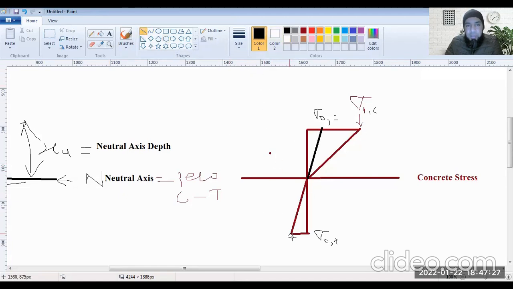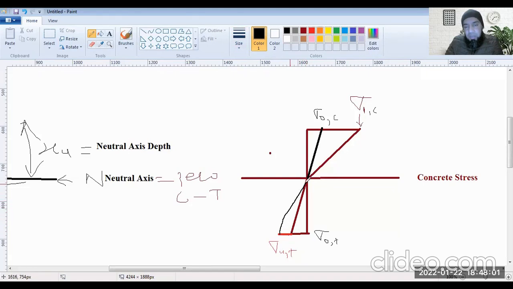Let there be another point where it is now failing, and let this be sigma u in t. Why did I designate it as u? It's the ultimate tensile failure point of concrete in tension. So at that time its behavior would not be a straight line, it will be somewhat like this.